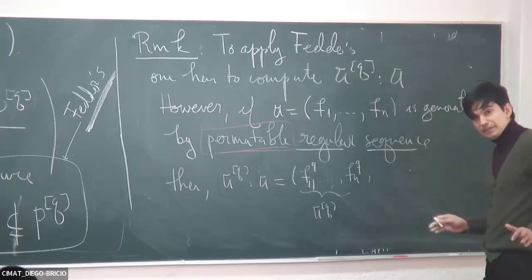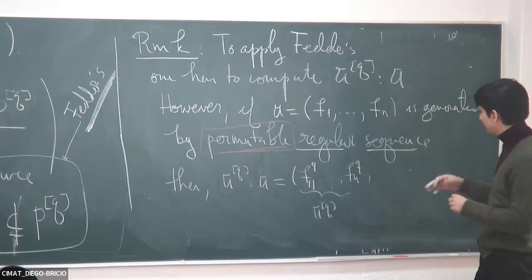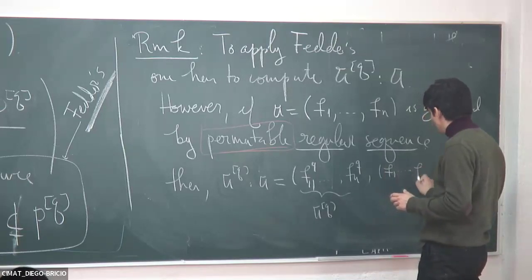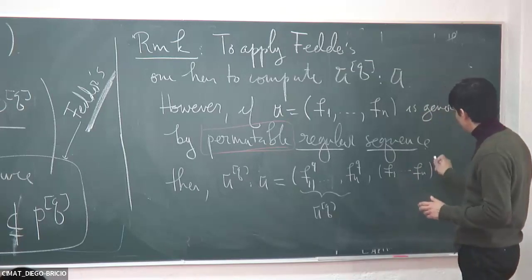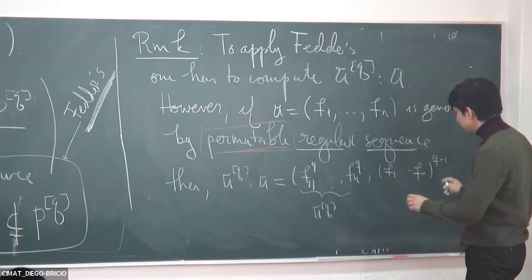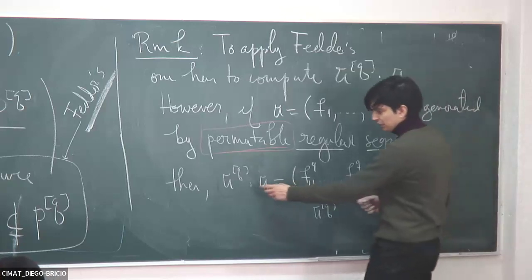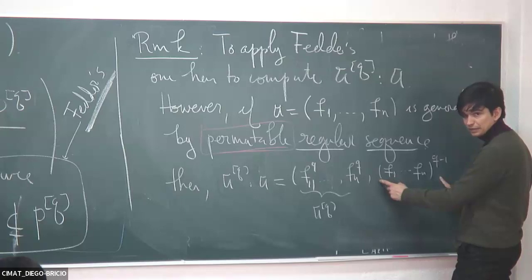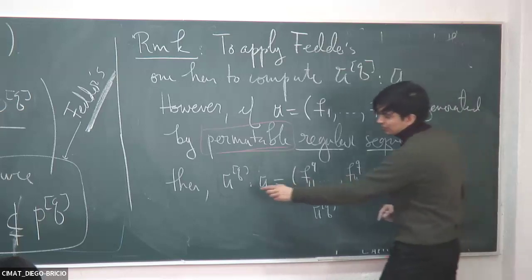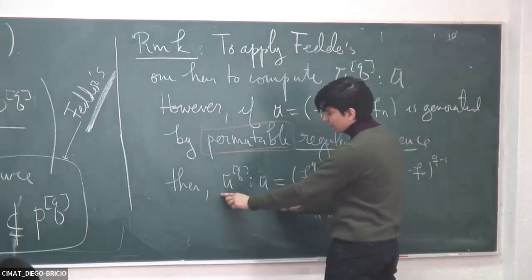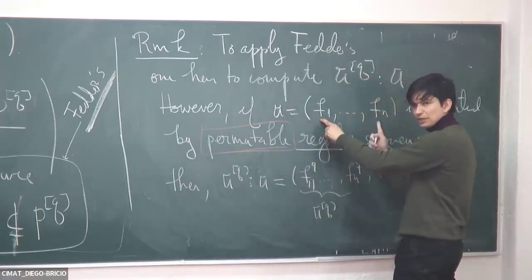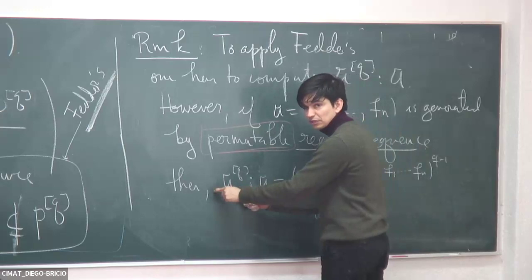Well, there is an element that is sort of obviously there, which is what happens if we take the product of all the elements and we raise them to the q minus 1. Notice that this element is in here because if you take this element and you multiply it by any element of A, any F, right? Well, to test if something is in here, it suffices to show that it takes any generator into A to the q by multiplication.